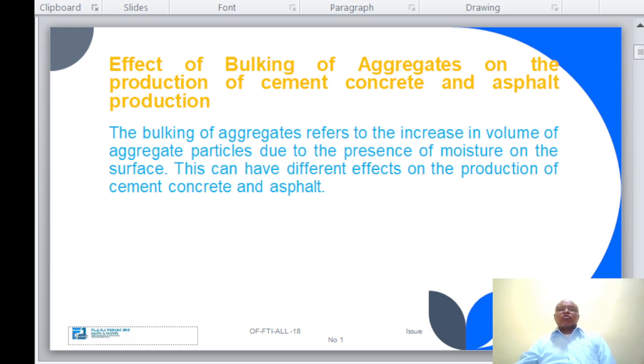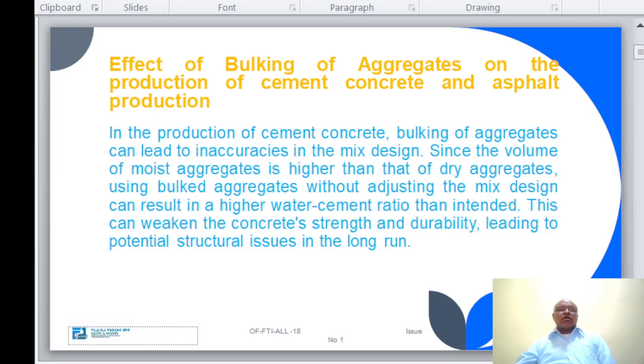When aggregate absorbs moisture, it increases its volume, which can affect the proportion of the other materials in the mix. This can result in a decrease in the density of concrete, leading to lower strength and durability. Effect on asphalt. Bulking of aggregate can also impact asphalt production. In asphalt mix, the aggregate plays a crucial role in providing stability and strength to the pavement.